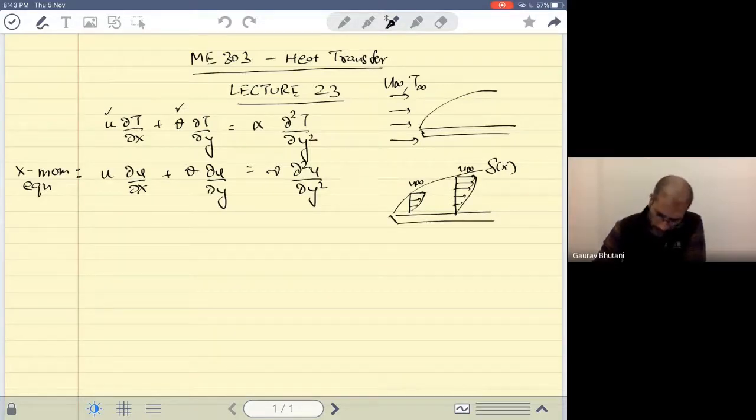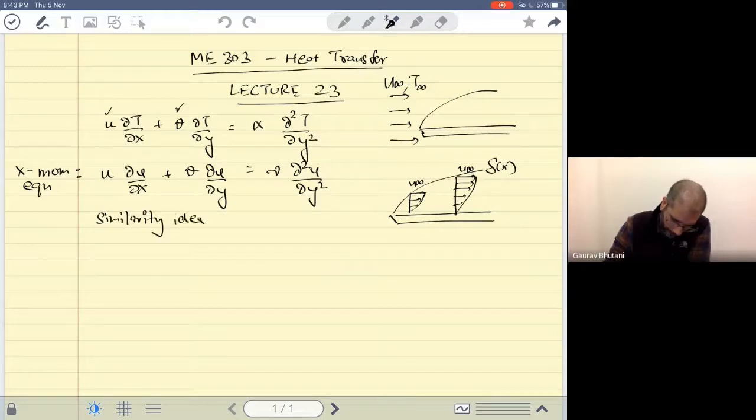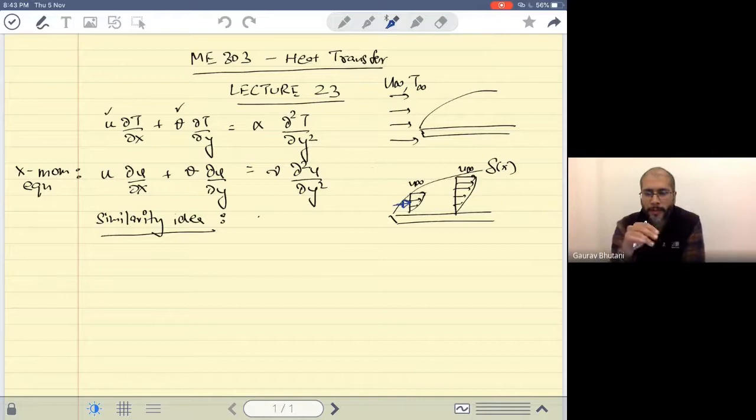So in this case, what the similarity idea says is that if I take any point, let's say for discussion, a point which is at the center of this line from y equal to 0 to y equal to delta for this x value. So this is in the center of this vertical line.